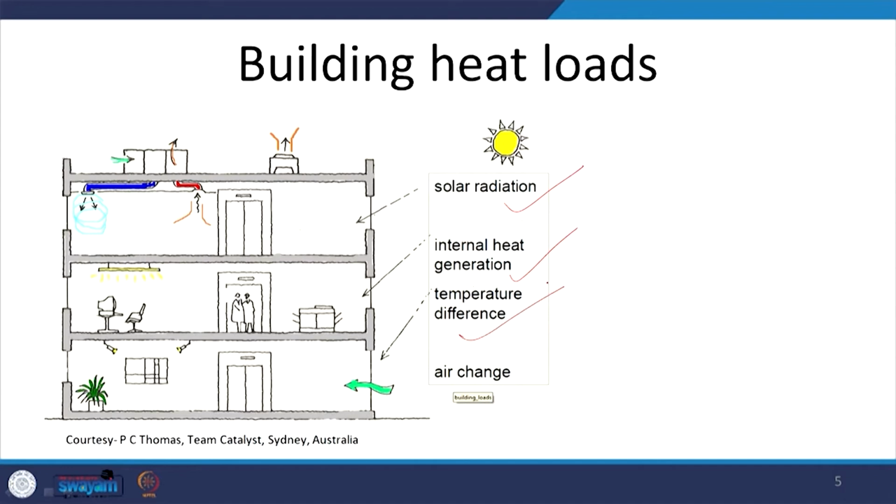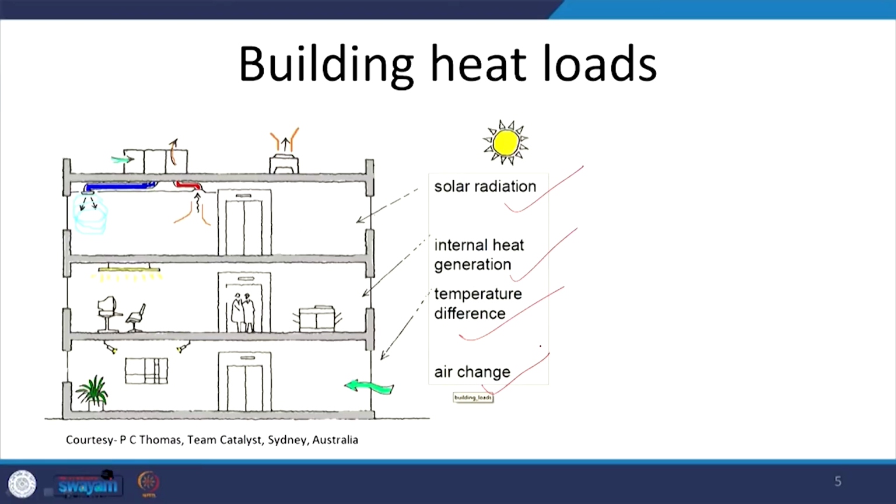We also talk about the temperature difference, which is largely due to the climate and weather of the place: how much temperature differential there is going to be, and how much heat ingress, or heat exchange in the other direction, will be there. We also talk about the air changes. The minimum number of air changes required is already specified by the codes, as we have already seen.